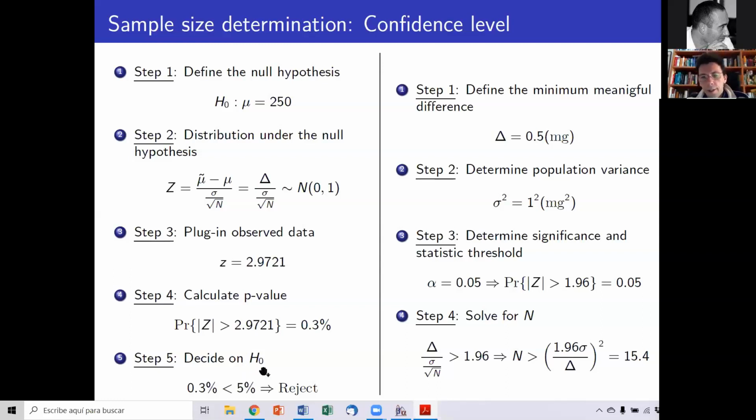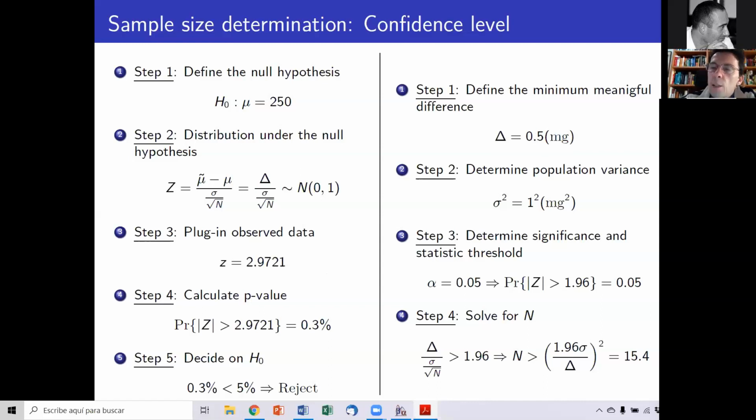Okay, so now this is when you perform the experiment. But before doing the experiment, since I know how you will process the data, I can try to determine what is the sample size. Let's say that I fix what I want to detect. I want to detect deviations that are at least as large as 0.5 milligrams.